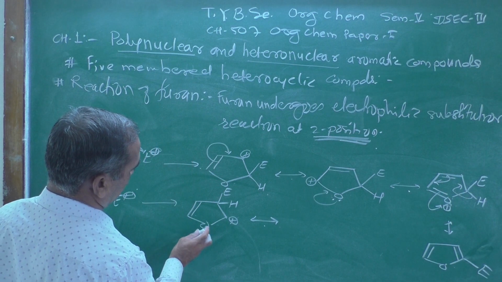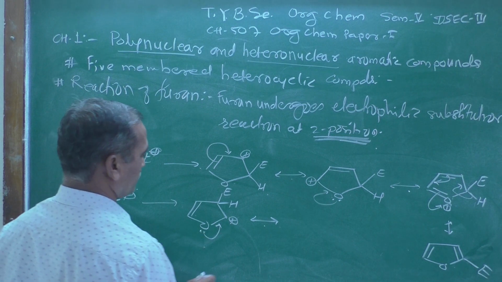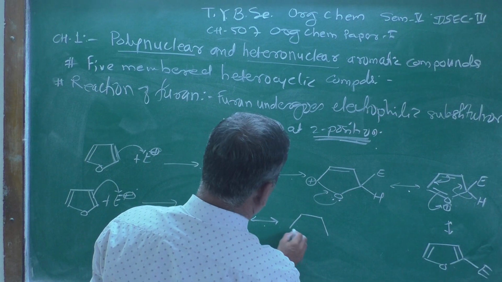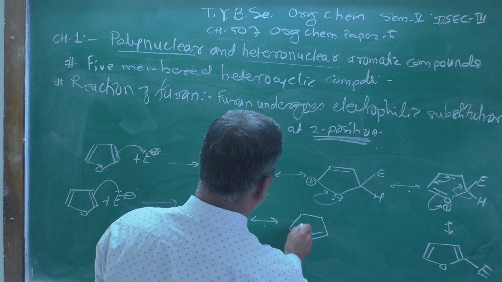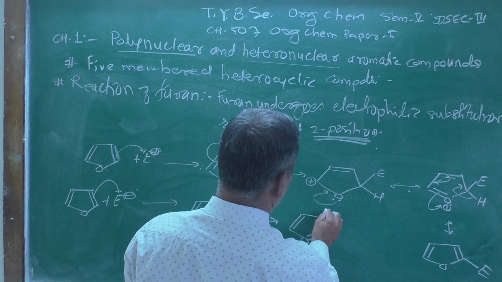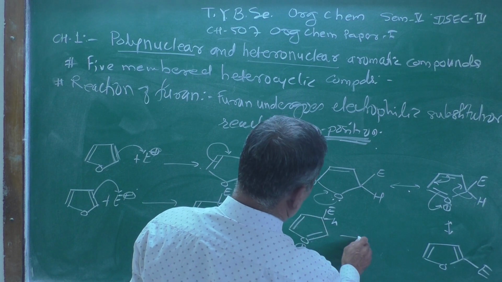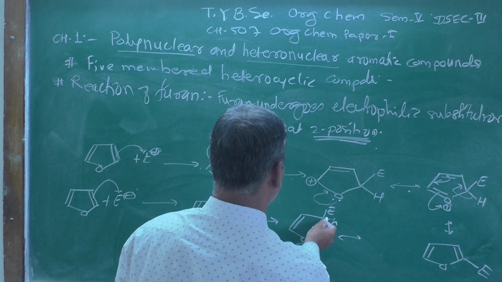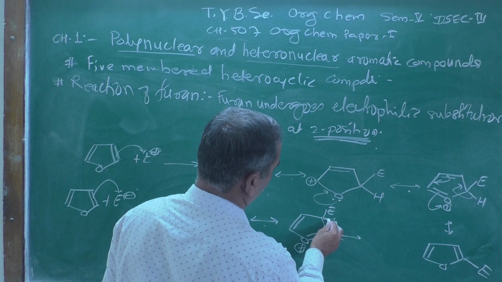Here this can neutralize this bond, oxygen atom here with positive charge, double bond here, and the electrophile E, H. Then after that, loss of proton, this way forms a double bond.